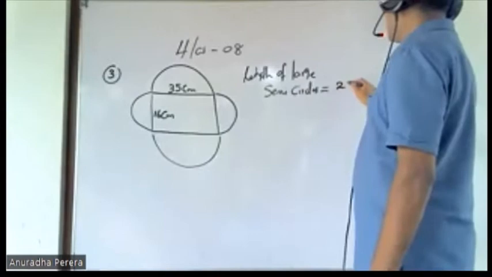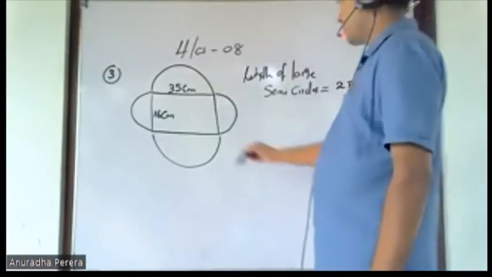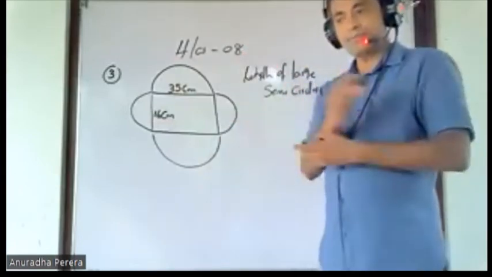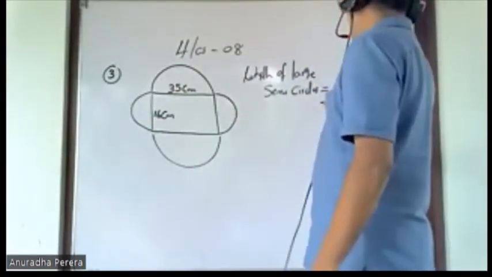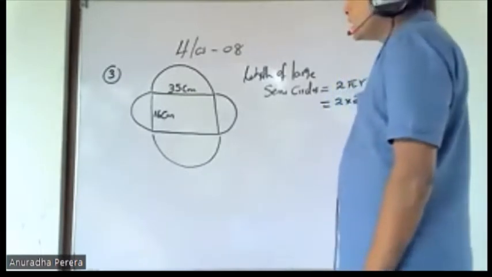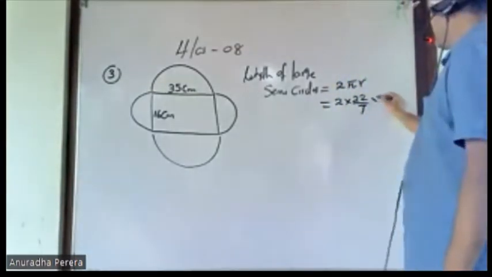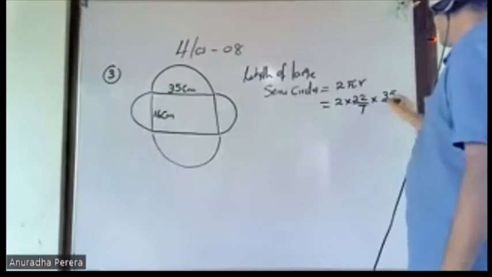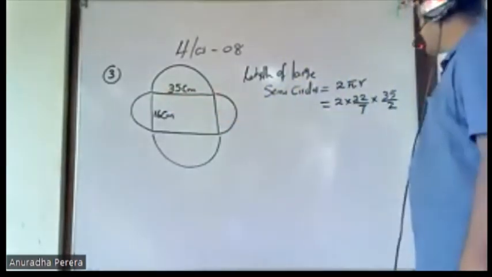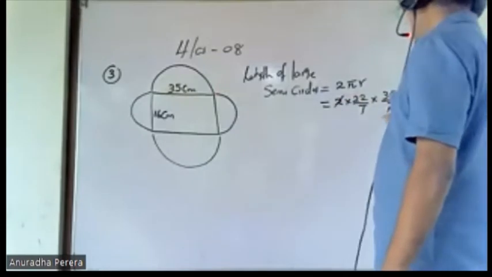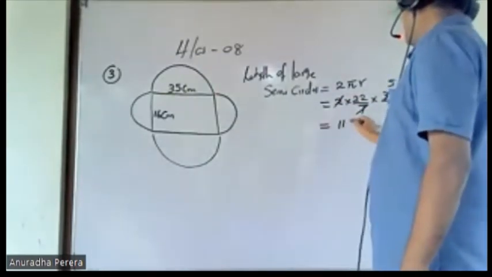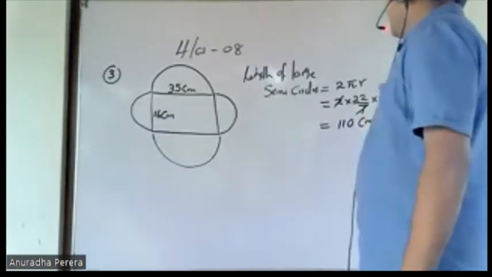Length of the large semicircle. Two semicircles make a circle. 22/7. Radius is 35/2, half the diameter. 17.5 or 35/2. You can simplify by 2 and by 7. 5 into 22, 110 centimeters.